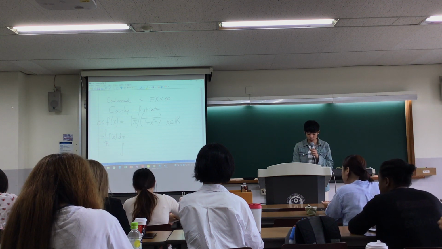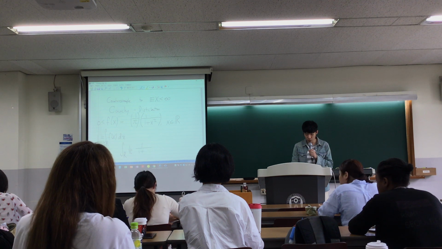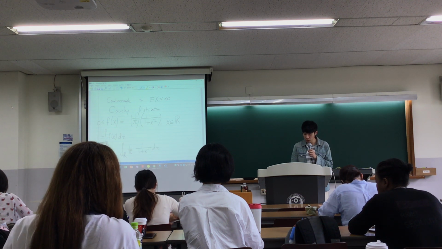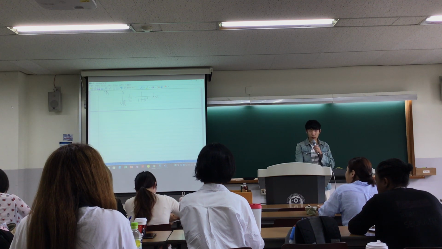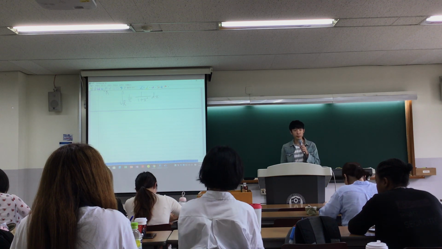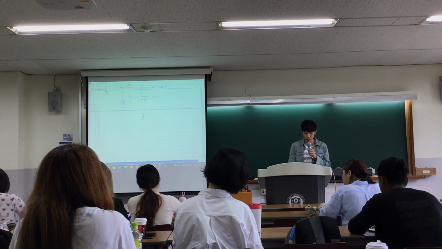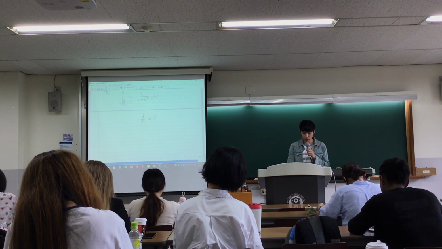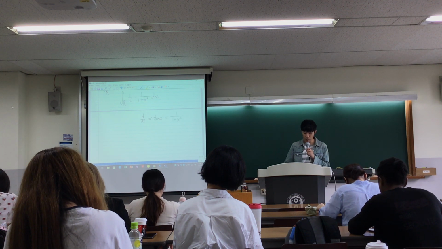So if I integrate 1 over pi, 1 over 1 plus x squared dx, does anyone remember how to do this? We have to use the fact that the derivative of the arctangent is 1 over 1 plus x squared.